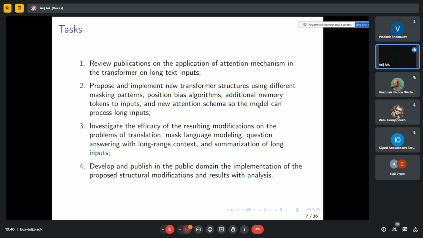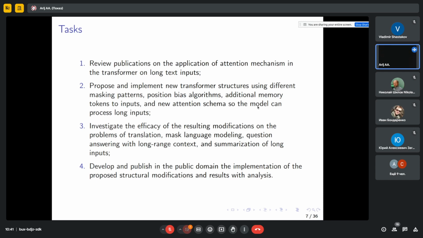So to achieve this goal, the following tasks were achieved. First, publications related to processing long documents were studied to build the later plan for the structural modifications of the proposed solutions.